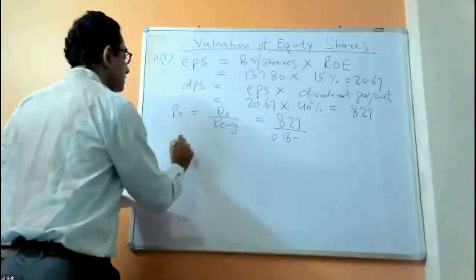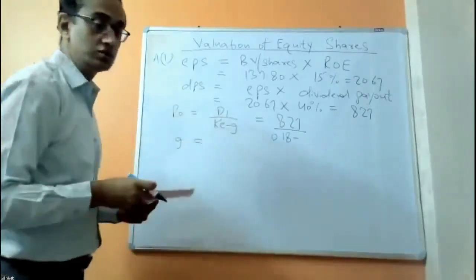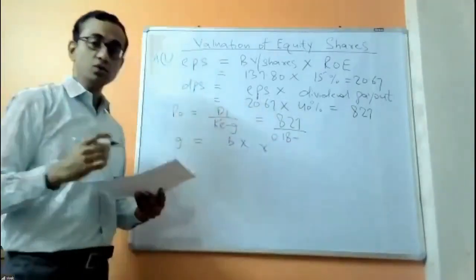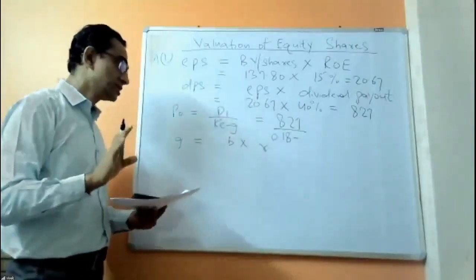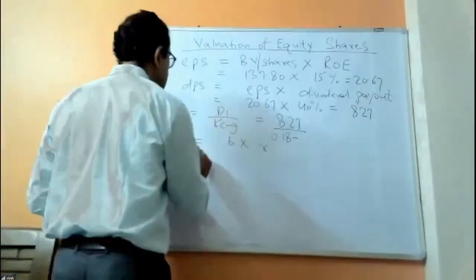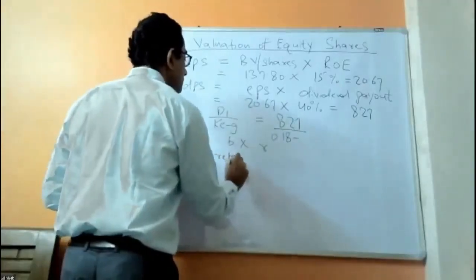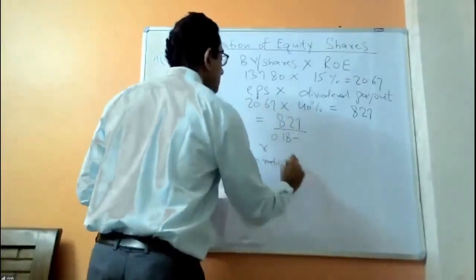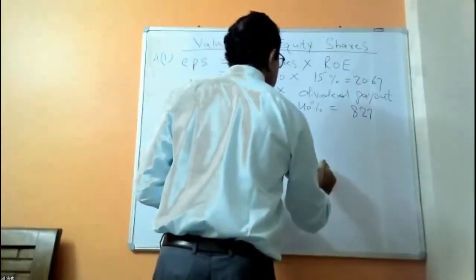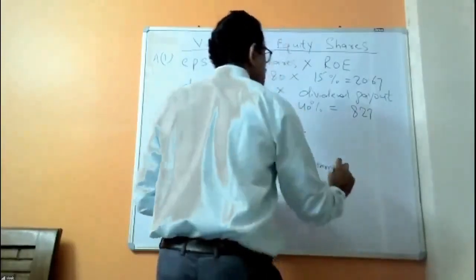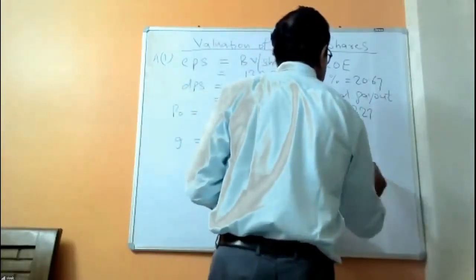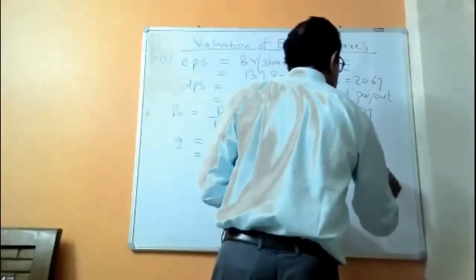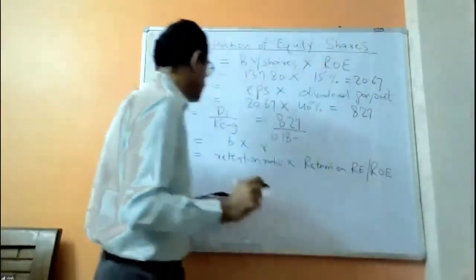Growth rate or G is equal to B into R, in the earning based model. What is B? B is the retention ratio, multiplied by R, the return on retained earnings, or it can be interchangeably used as return on equity also.